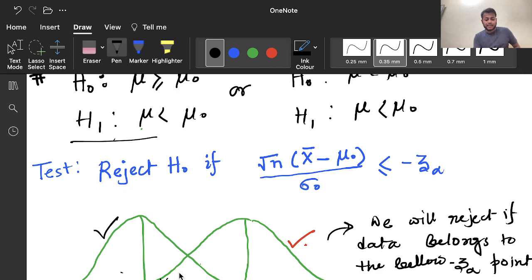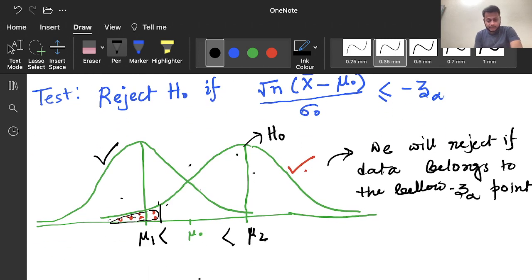Why am I telling you the minus z alpha point? If the probability that this data comes from the distribution satisfying the null hypothesis is less than alpha, we will reject this hypothesis.